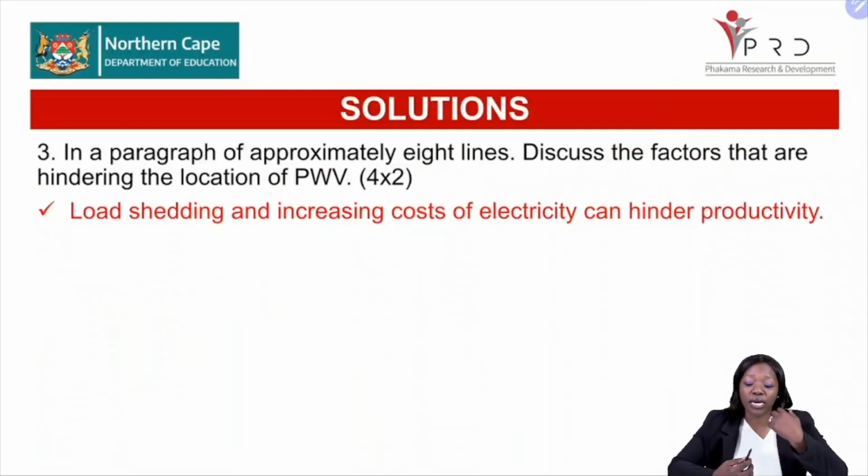So it becomes a hindering factor for production because they are supposed to wait until the electricity is back, or spend more on generators. Remember, generators run on diesel. So they are supposed to buy a generator, and they are supposed to buy diesel.